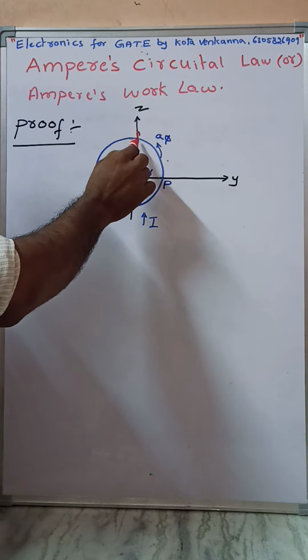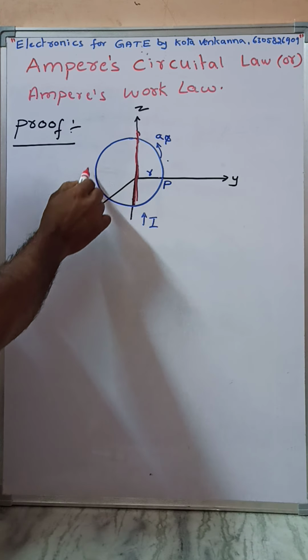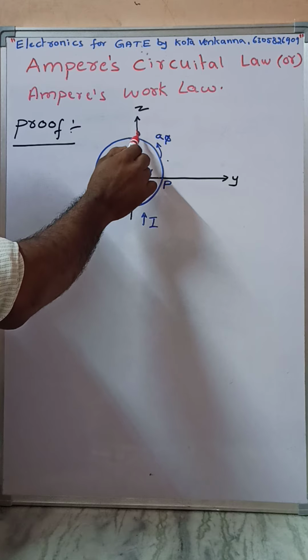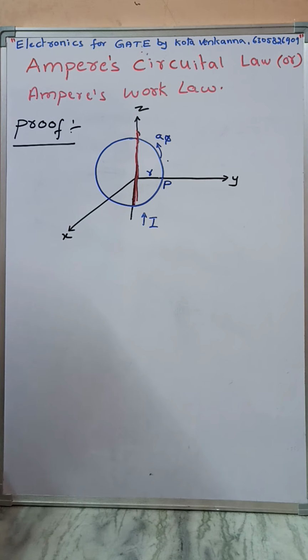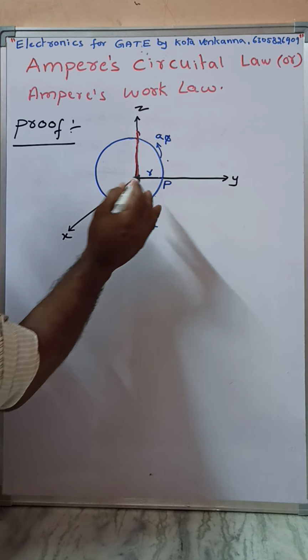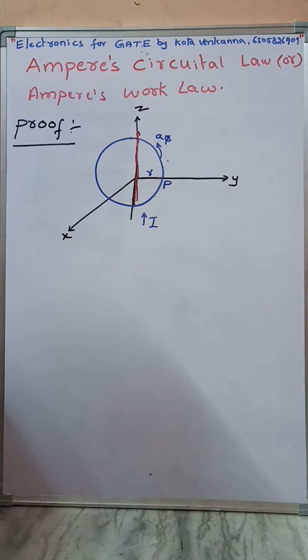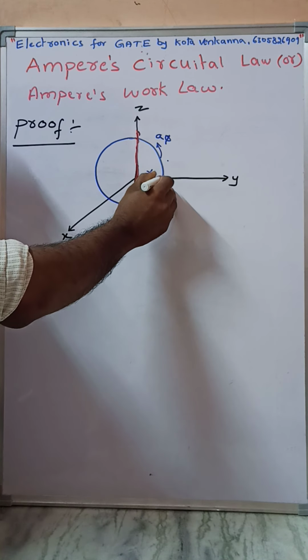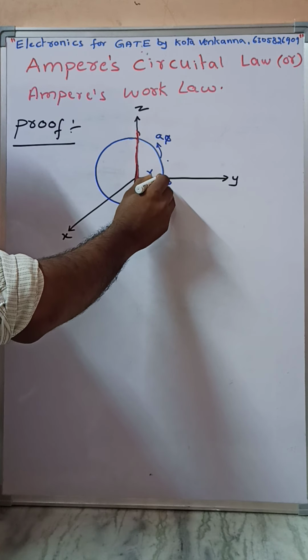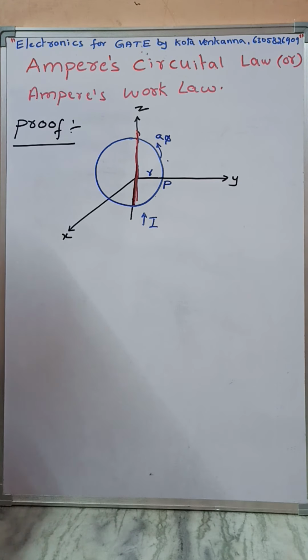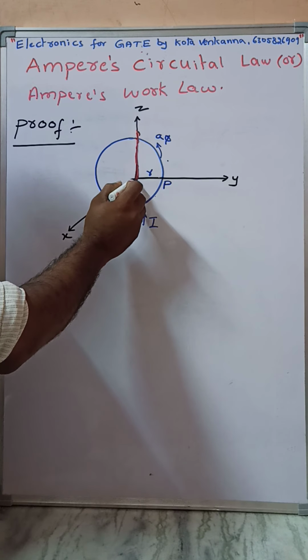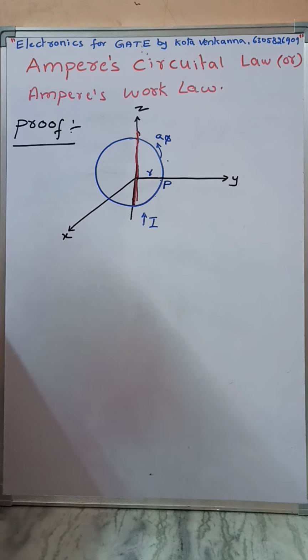Next, let us consider a circular path enclosing the conductor, which carries the current I. Let us take a point P on the y-axis. The distance from center O to P is small r.